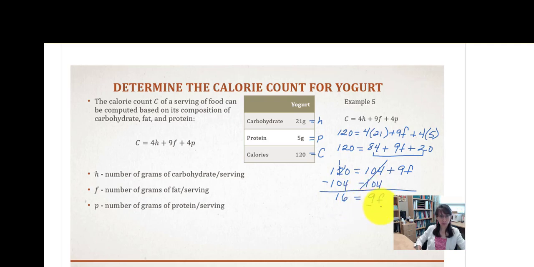And finally, you probably realize you're going to have to divide by 9 here. So if we take this answer of 16/9, we want to take 16 and divide it by 9, and that will give us our grams of fat. So 1.8 grams is how much fat is in this serving of yogurt.